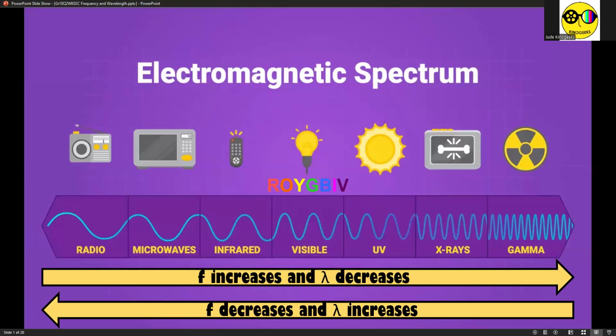So the number of waves decreases while the length of the wave increases. In the relationship between frequency and wavelength, when one of them increases, the other one decreases, and vice versa. Given that kind of relationship, they exhibit an inverse proportional relationship.